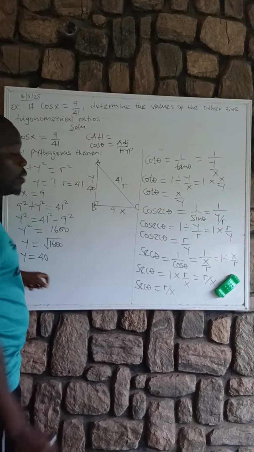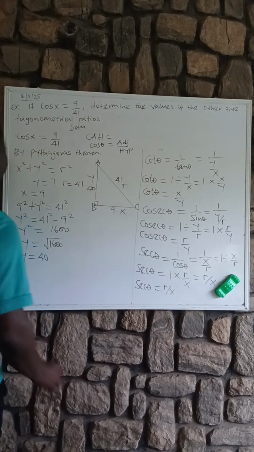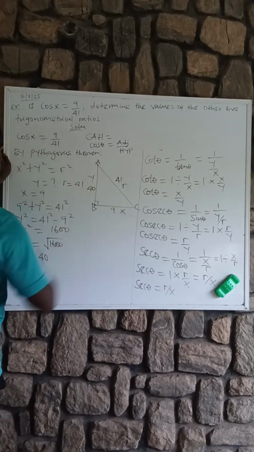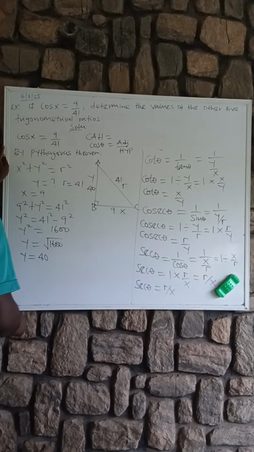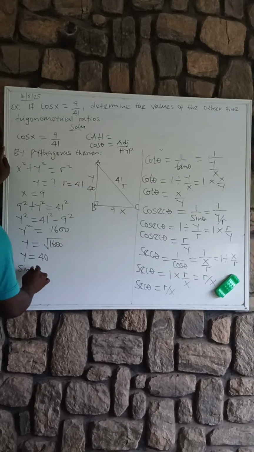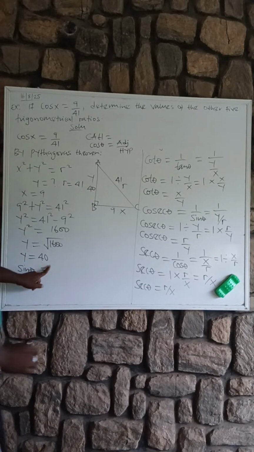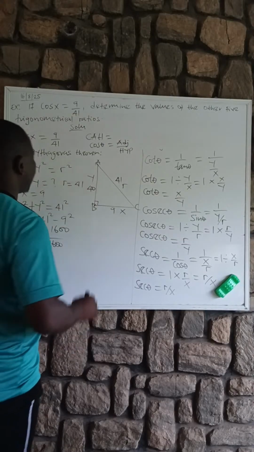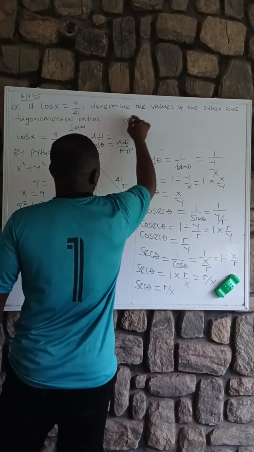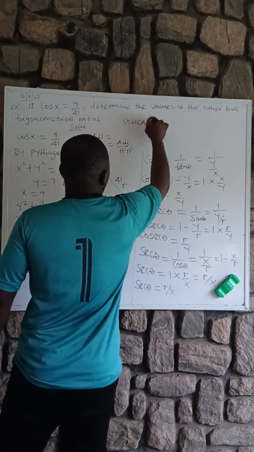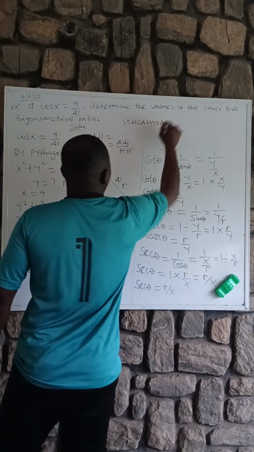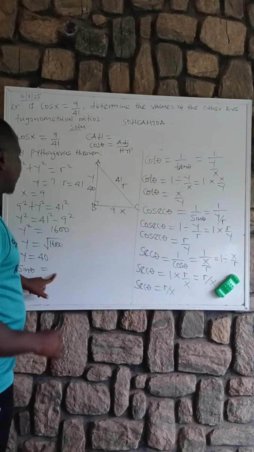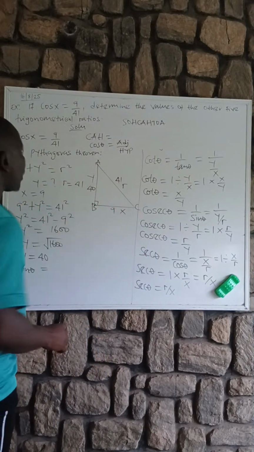So now let's move further to consider the 5 other trigonometrical ratios. So we can now say sine theta, and sine theta is what? We are using SOHCAHTOA, so sine theta should be opposite all over hypotenuse.